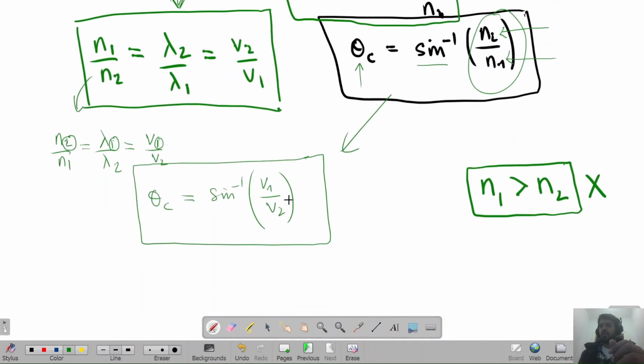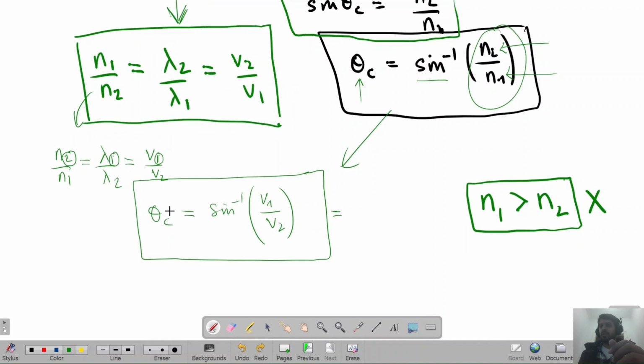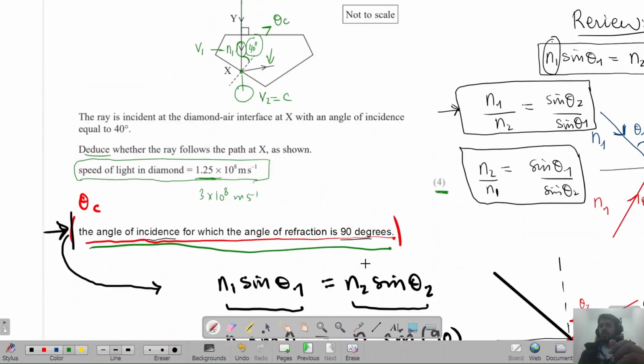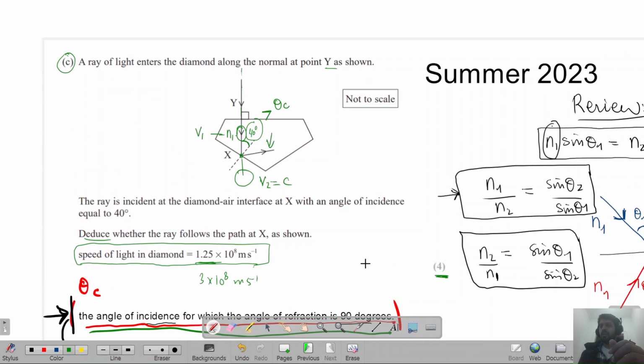Now, if you substitute these numbers and take sine inverse of the ratio, you will see that the critical angle comes out to be 25 degrees. Now, if we go back to the question, when we rephrased it, it was basically to deduce whether total internal reflection is possible or not if the angle of incidence is 40 degrees.